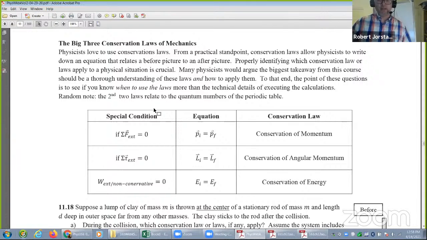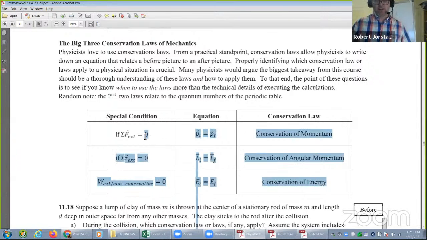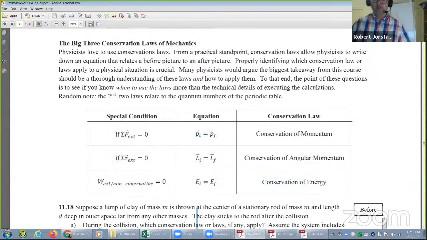So any questions about these big three conservation laws while they're sitting up here on the screen? The trick is you need to know when they apply. So if this is true, then you can use it. If this is true, then you can use that. And finally, if this is true, then you can use that.